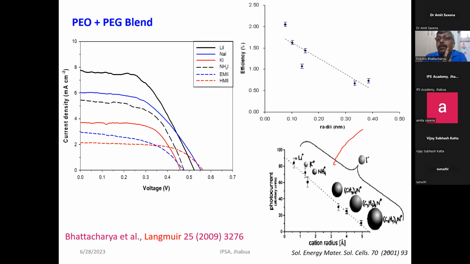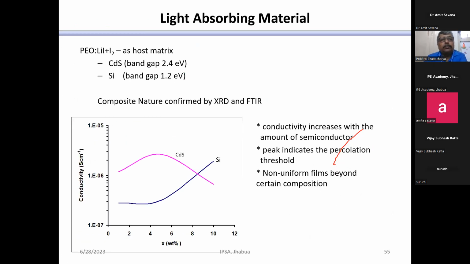Therefore, if the polymer electrolyte is used in DSSC, it behaves very similar to the liquid electrolytes. Smaller cation, higher current, higher efficiency. The amorphicity may be different. Otherwise the efficiency drops down.